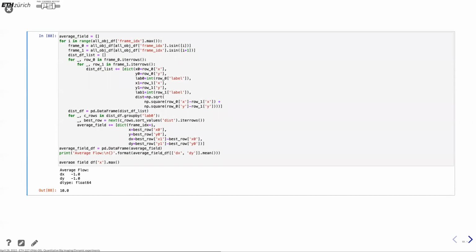Here is a piece of code that, in the end, takes these cell items and produces a data frame that describes the displacements. The average displacement we have in the simple cell image was -1, -1, as you may remember.